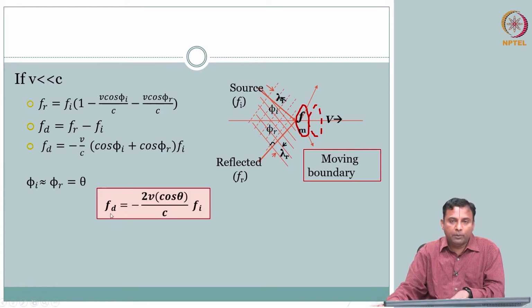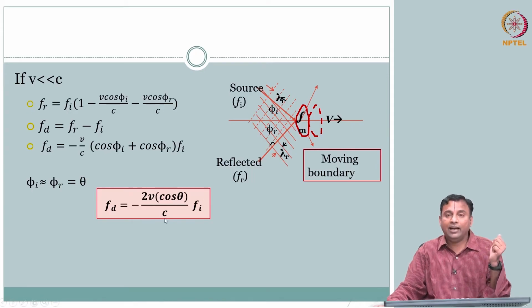This is saying the Doppler shift is proportional to V. That's what we started out with, right? Here you see Fr minus Fi is your Fd, proportional to V. Of course, you have a few other terms here. So you have your cos theta, because it depends on the relative orientations, and your speed of sound C.